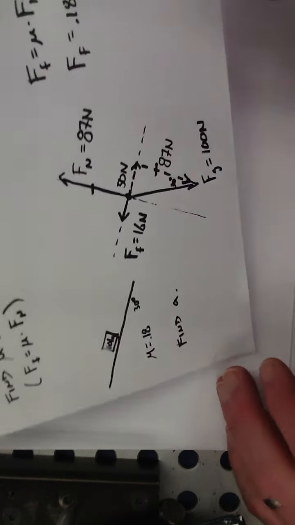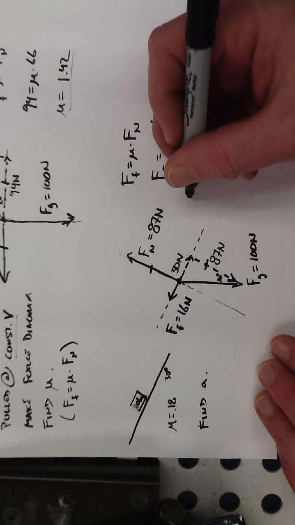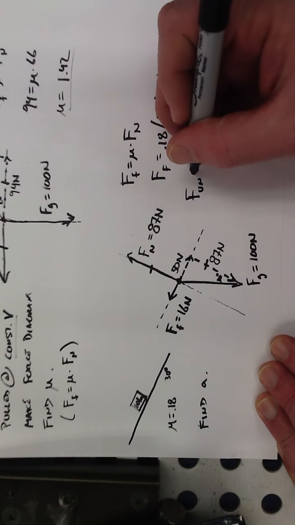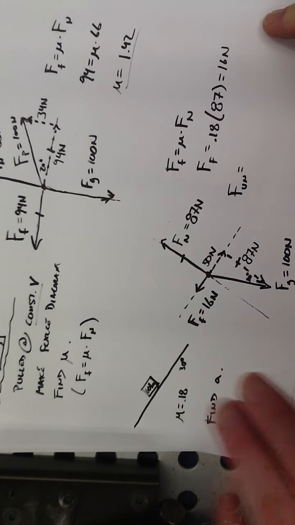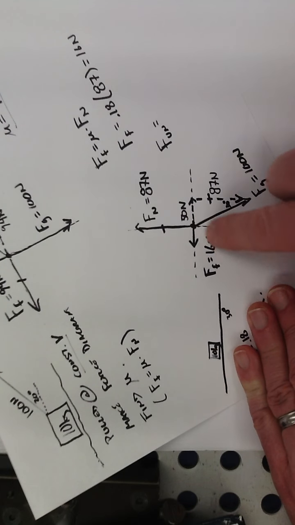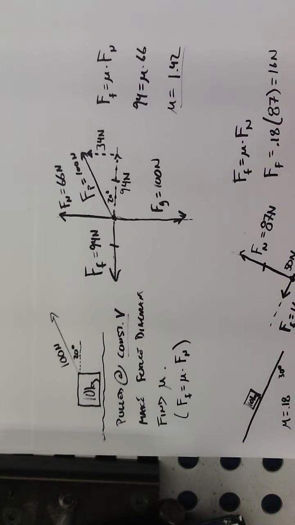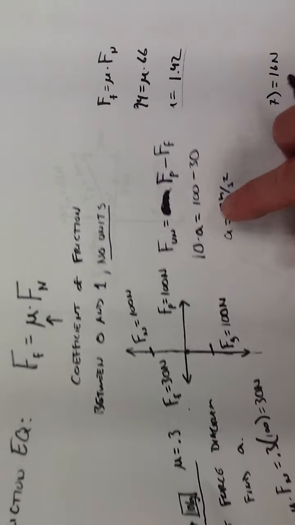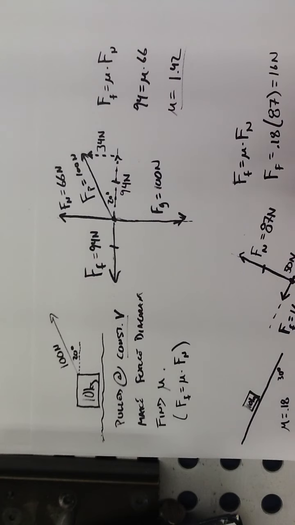Okay, my force diagram is complete. Now, what's the unbalanced force here? Well, in the direction of motion, I have this winning versus this losing. How would I write this in the unbalanced force equation with the names of the forces?